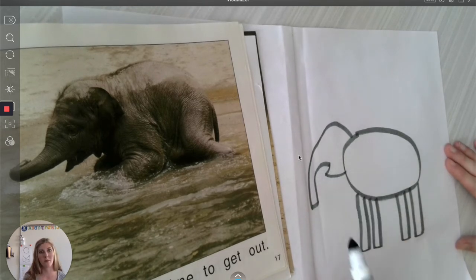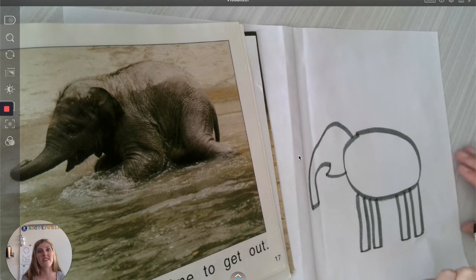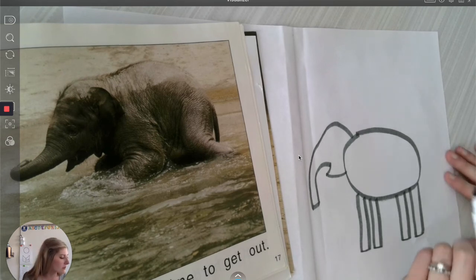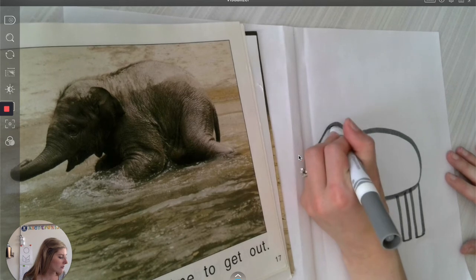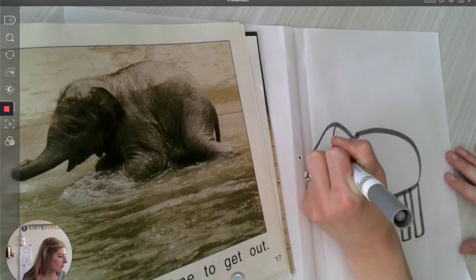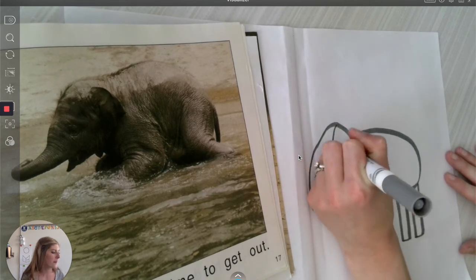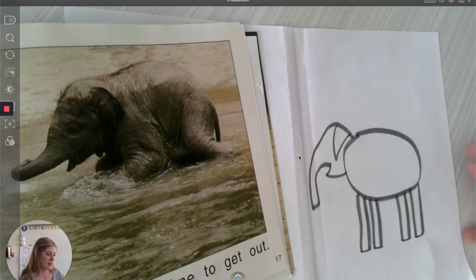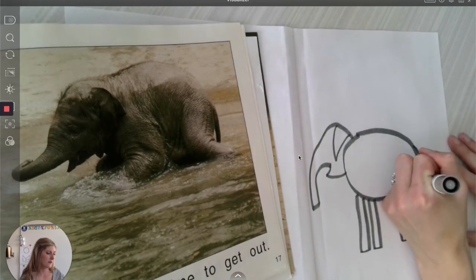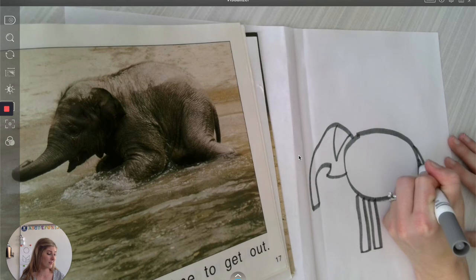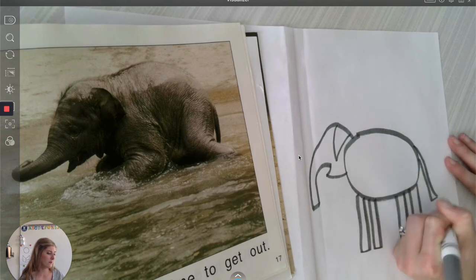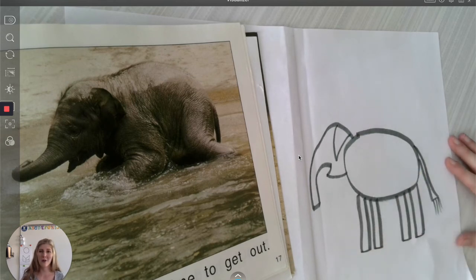But there was one part that we definitely talked about. The ears. The ears are like triangles. Can't forget about the tail, which is kind of like a rectangle too. And there we have it.